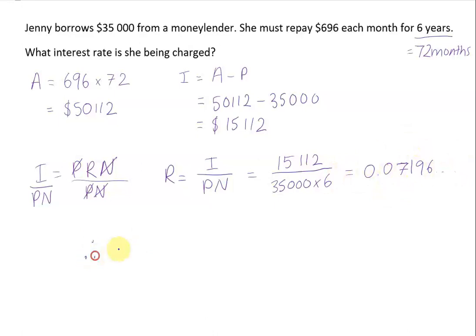So therefore, Jenny's interest rate is 0.07196 times 100, which gives us an interest rate of 7.19, or 7.2% per annum. So the interest rate that Jenny was charged, 7.2% per annum, on her $35,000 loan with $696 repayments every month for 6 years.